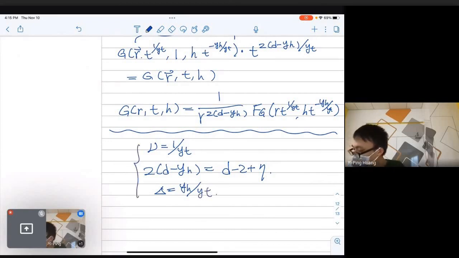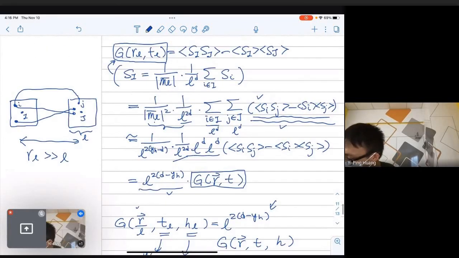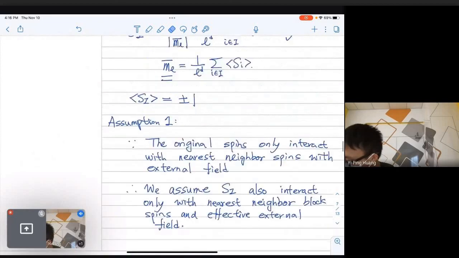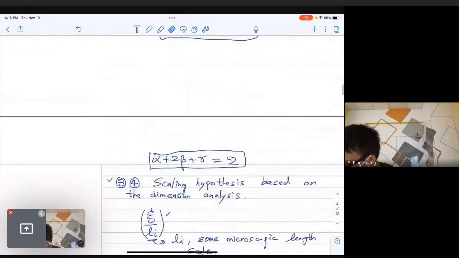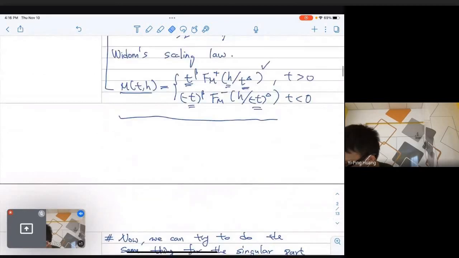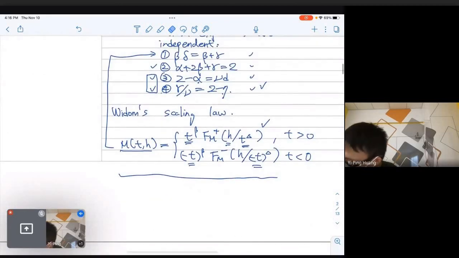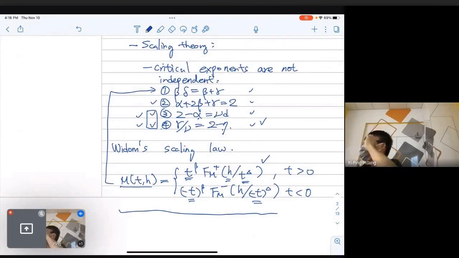And this is something that we didn't prove during today's lecture, but it is related to the scaling form that is related to the third and the fourth relation between the scaling hypothesis that I didn't mention, but you can try to show that.